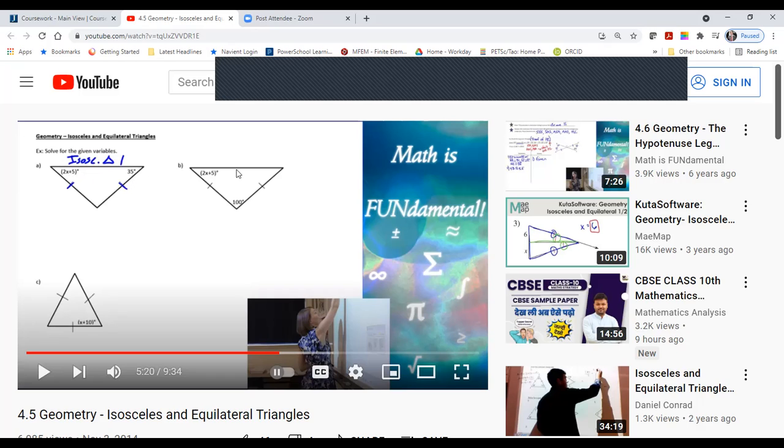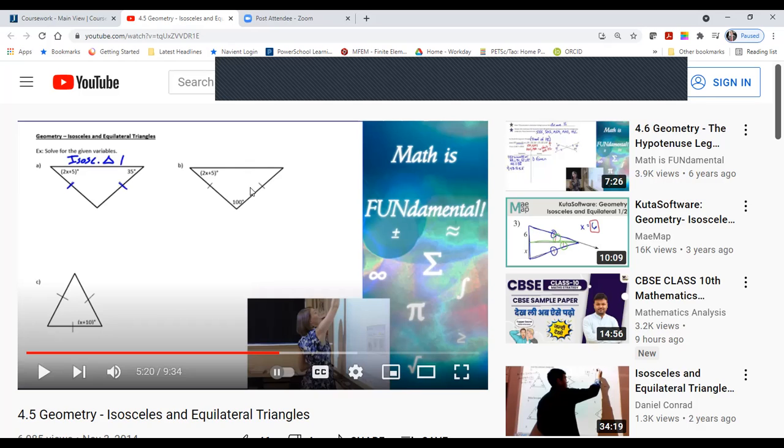And for this one, so the same idea. If this is 100 degrees, so what will this one be? Because this one and this one are the same, right?